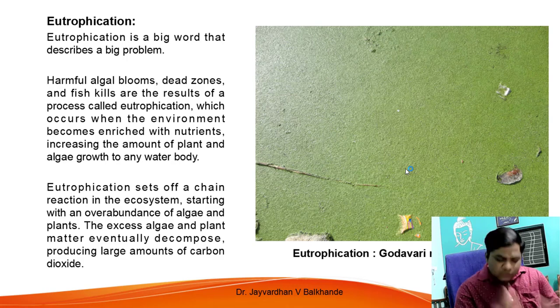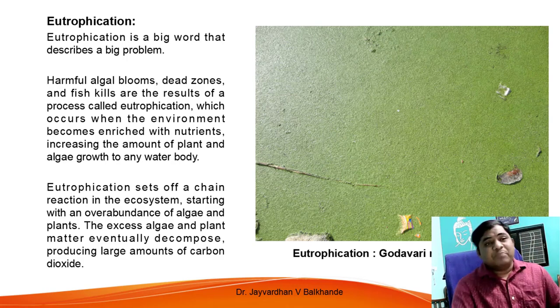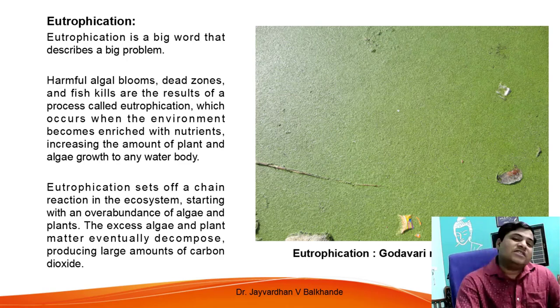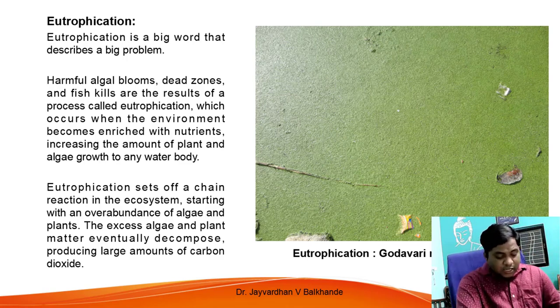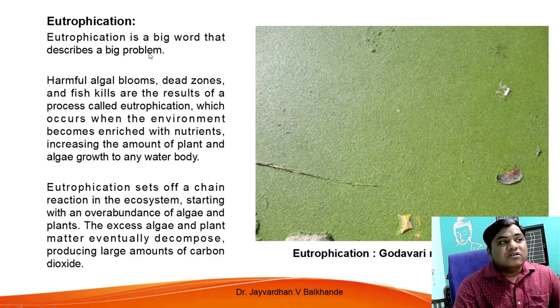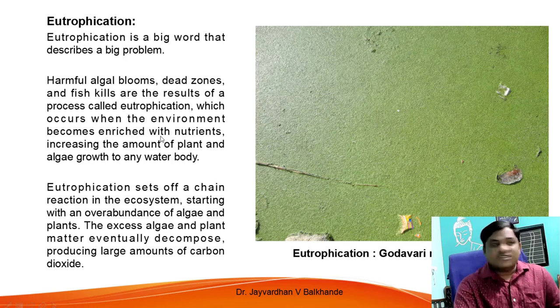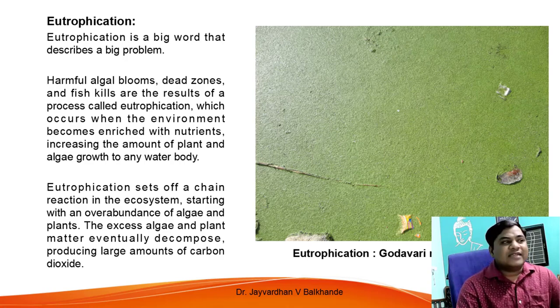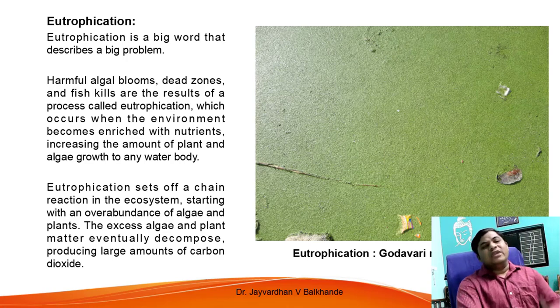No doubt, we are doing aquaculture for the sake of human beings, for their welfare. But due to this man-made hazardous activity, these species are in danger. They are killed by eutrophication, which occurs when the environment becomes enriched with nutrients, increasing the amount of plant and algae growth in a water body.